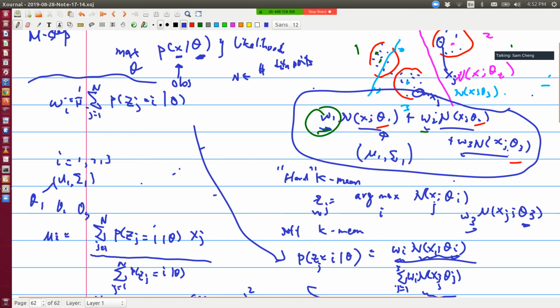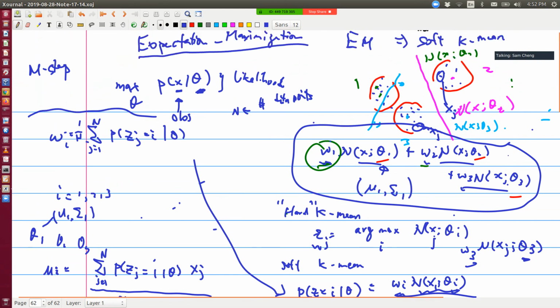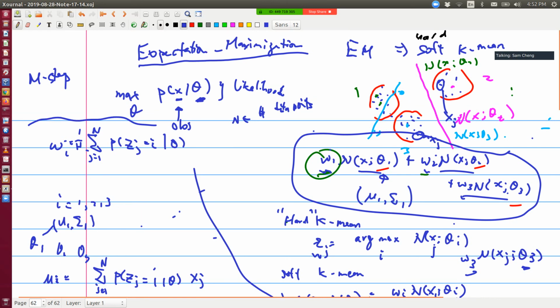Yeah, 3 Gaussians, but if we combine them, can we say...? We cannot combine them. In general we won't. In this case, after the final iteration it should converge to 3 clusters: one cluster has a mean here, one here, one here. So it's still 3; we cannot combine them.